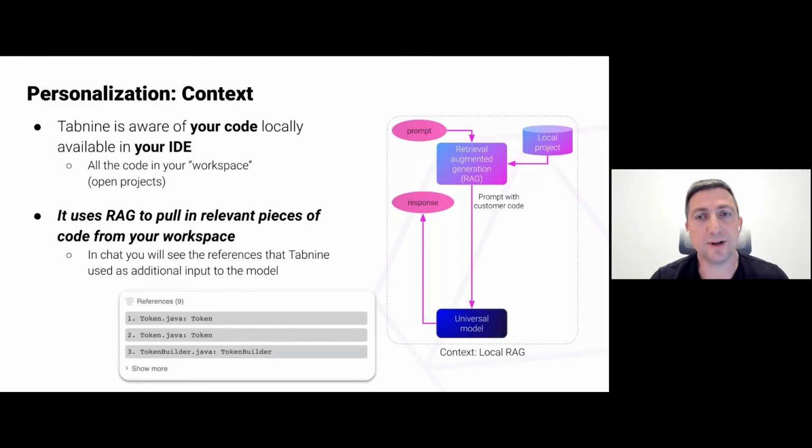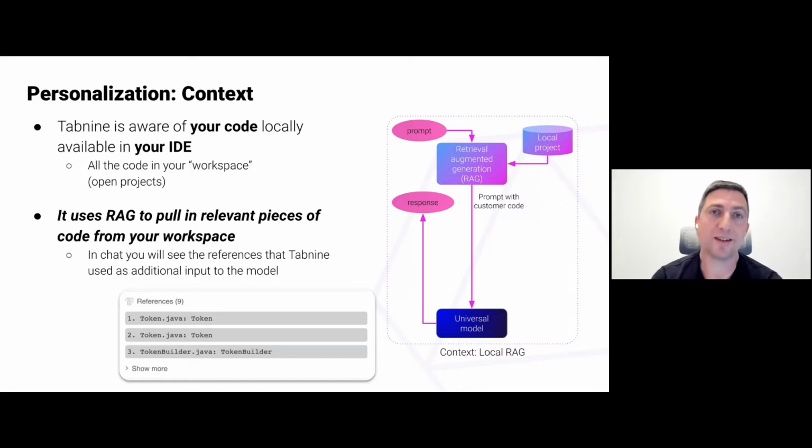Technically, I assume this is a technical audience, so I want to share some of the technical details here. In terms of context, Tabnine is aware of your code, whatever is locally available in your IDE, all the code in your workspace, so all the open projects. Tabnine uses retrieval augmented generation, or RAG, to pull in context from your workspace.